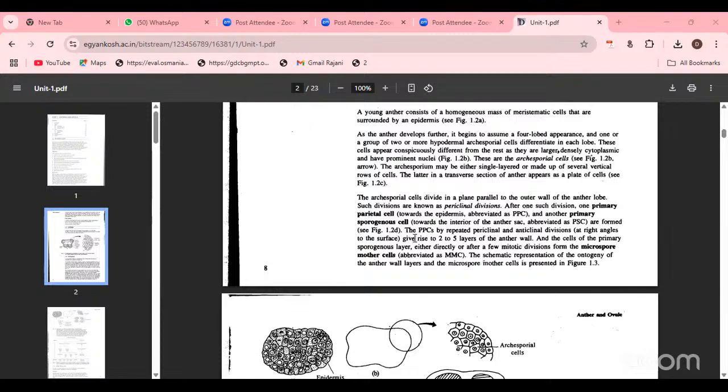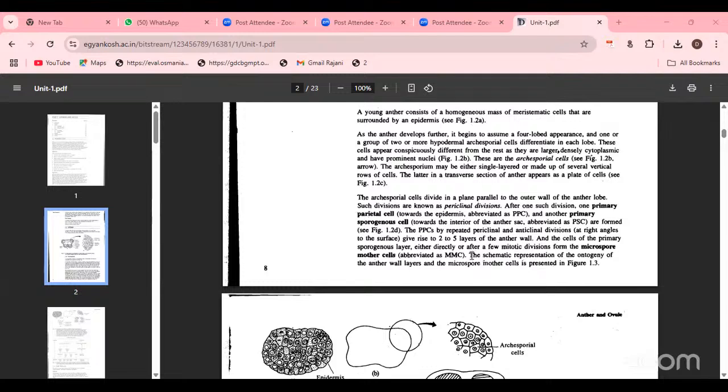And the cell of the primary sporogenous layer, either directly or after a few mitotic divisions, forms the microspore mother cell. That is called MMC, microspore mother cell.